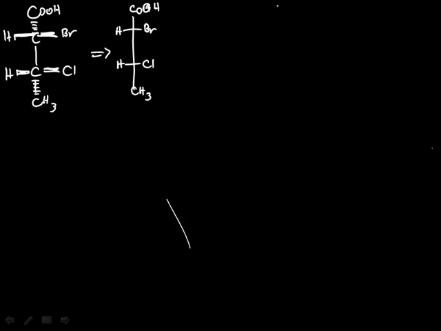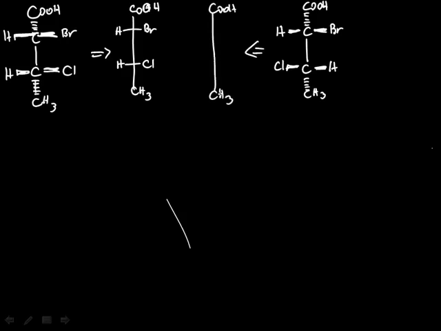But if we keep the first stereocenter the way it was, and then invert the configuration on the other stereocenter to get something that looks like this, and then convert this into Fischer projection, what we will see is that these two molecules are not mirror images of each other.